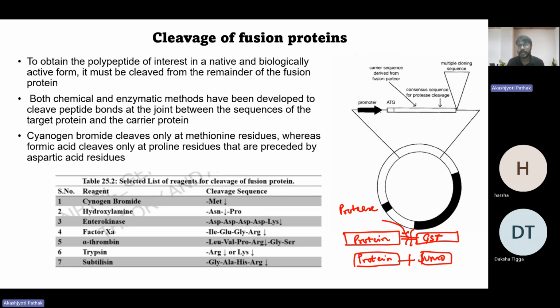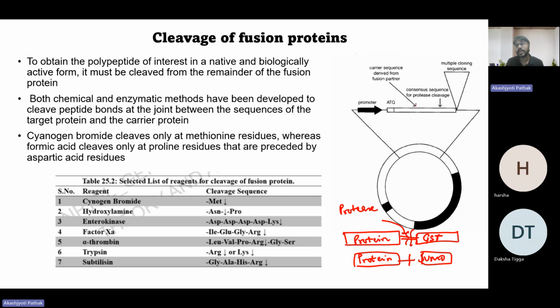Okay, so look at this figure here. You have your promoter. You have this ATG sequence, which is the transcription start site, and then you have your gene of interest. Okay, now this is not your gene of interest. This is the carrier sequence derived from the fusion partner, and now here you have the multiple cloning sequence. In this multiple cloning sequence, you have cloned your gene of interest. So what will happen when you are expressing the protein?